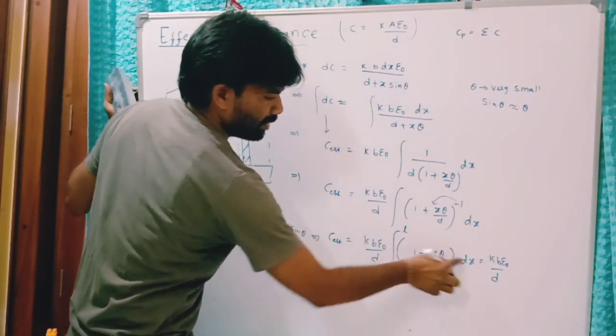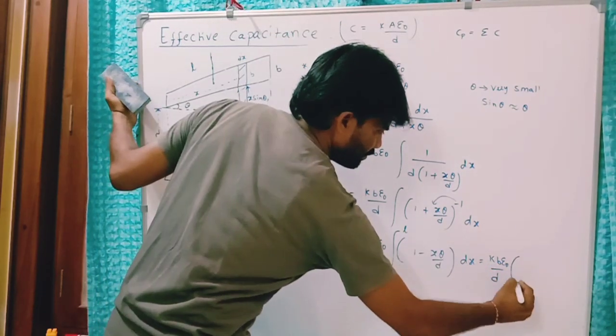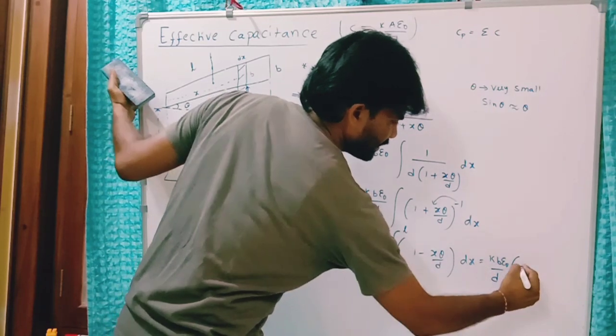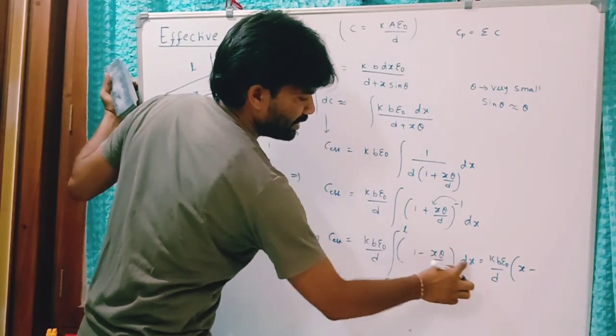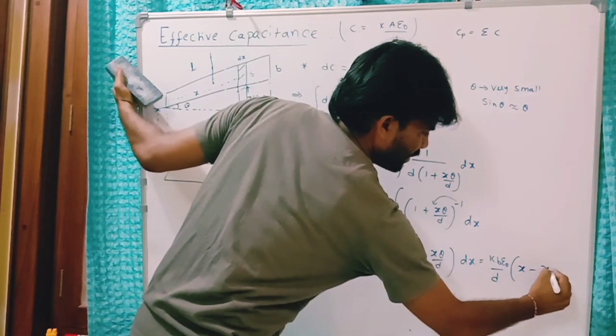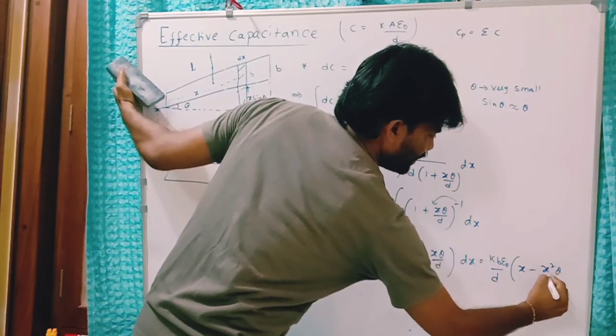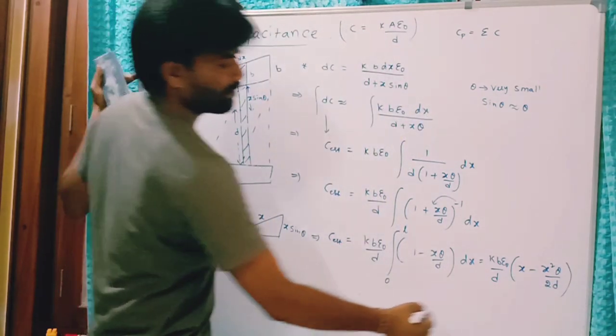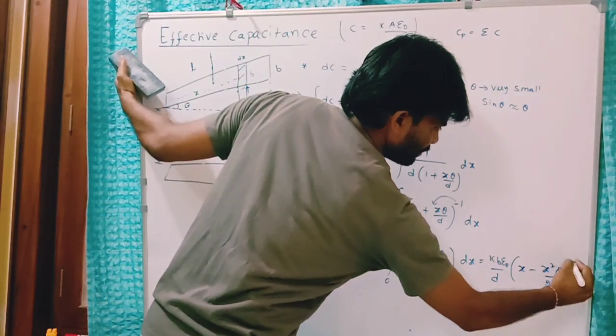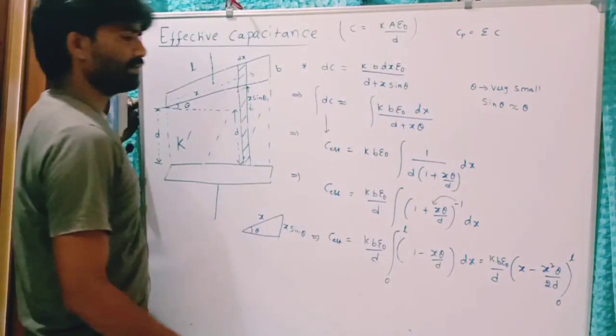Integration of 1 dx is x, and theta and d are constants; integration of x dx is x square by 2, with theta and d also. Here you will have the limits 0 to L.